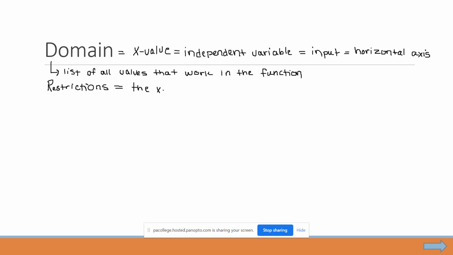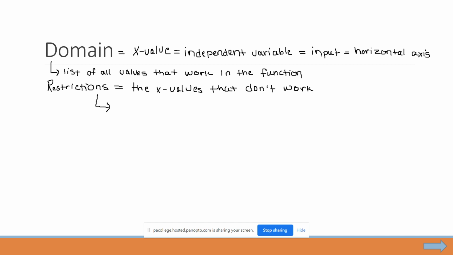So the x values that don't work. So what does it mean that they don't work? Well, it means that you try to plug the x value in and your calculator gives you an error message. It's something that we don't have a definition for, or something that would take us out of the real number system. So restrictions occur from two different mathematical operations.